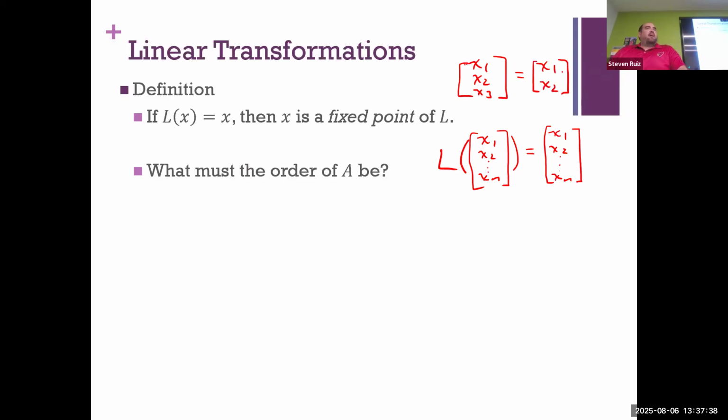If I'm talking about equality after the transformation, I have to be dealing with something like this, Rn to Rn, which means the order of A better be n by n, or square.